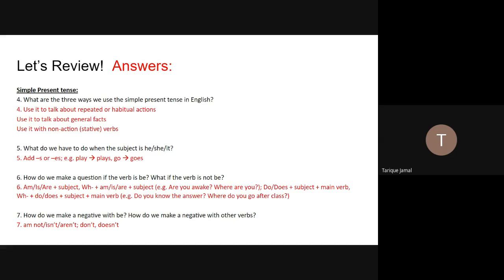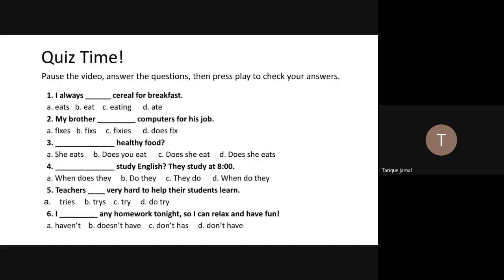All right, let's move on. Okay, so this is quiz time for you guys. We have 6 questions here, and I want to give you guys 3.5 minutes to get this done. And once you guys are done, then we will check the answers, all right?